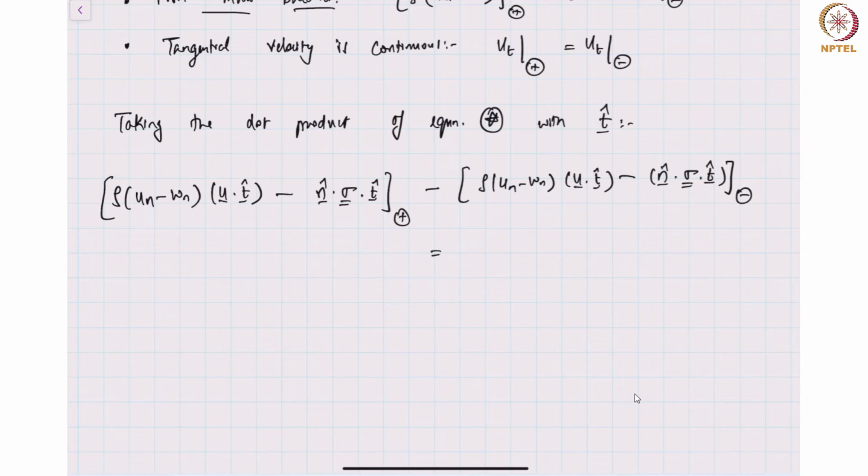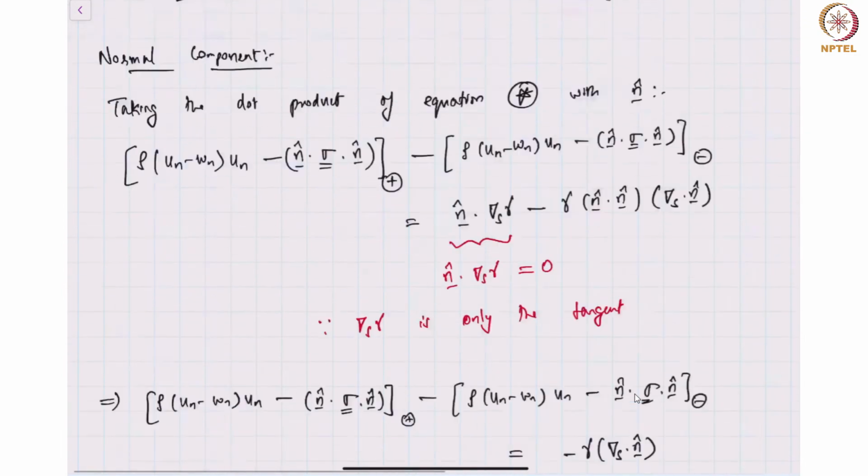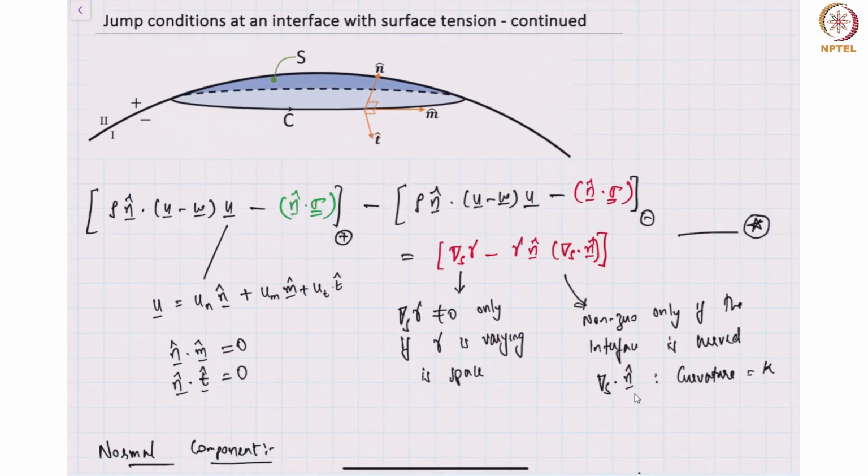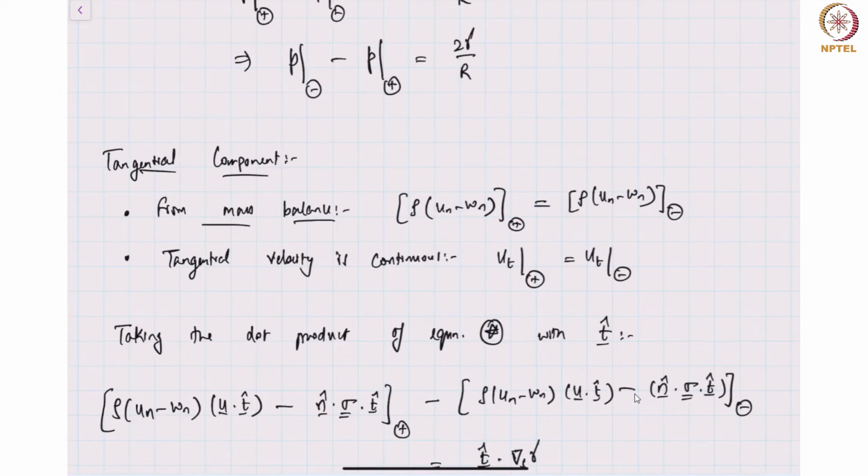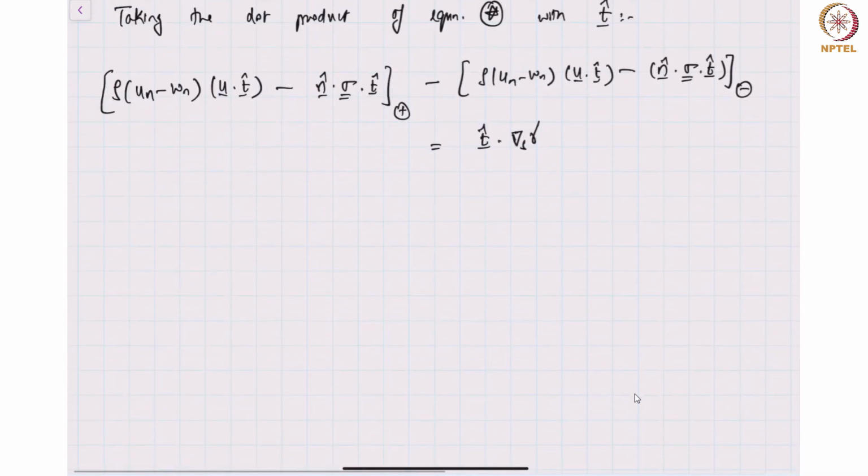The right-hand side quantity would be t hat dot del s of gamma. The second term, gamma n hat, is 0 because it points in the normal direction, and therefore it does not contribute when I take a dot product with t. Now let's look at this equation.